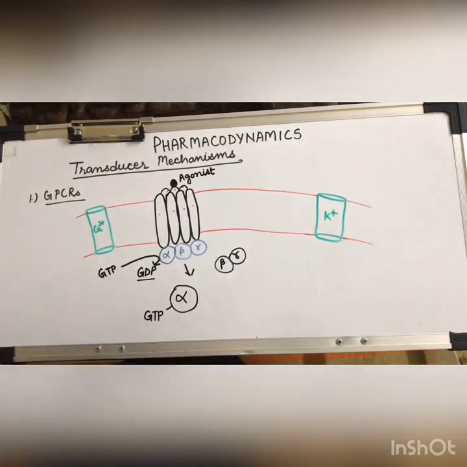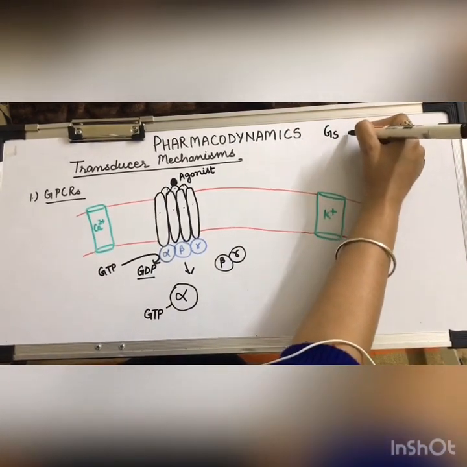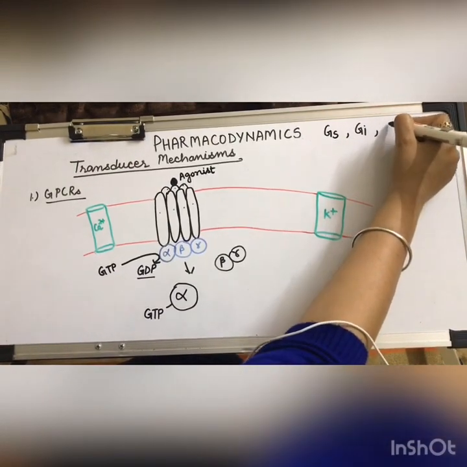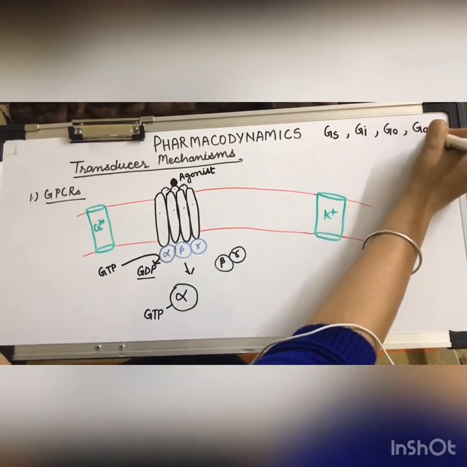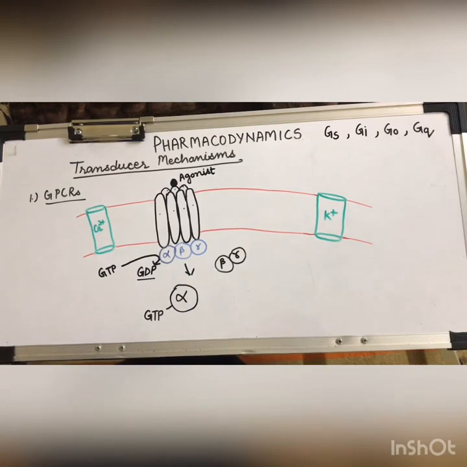On the basis of this alpha subunit, the G proteins can be classified into 4 categories, that is GS, GI, GO and GQ. And all of these 4 categories have different functions.